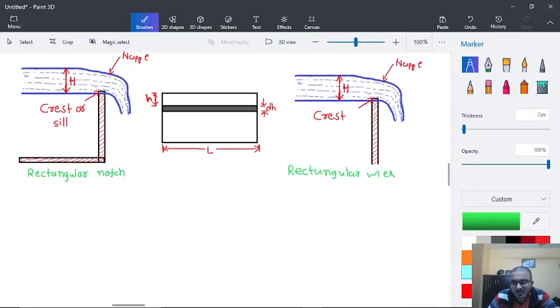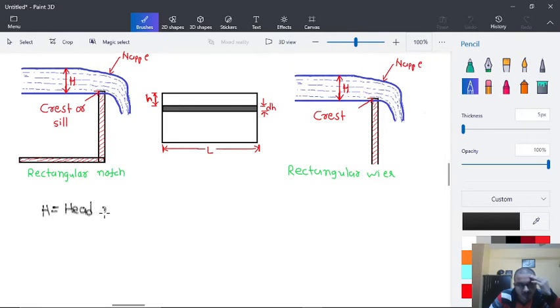As far as nomenclature is concerned, let's say that h is the head of water over the crest and L is the length of notch or weir.